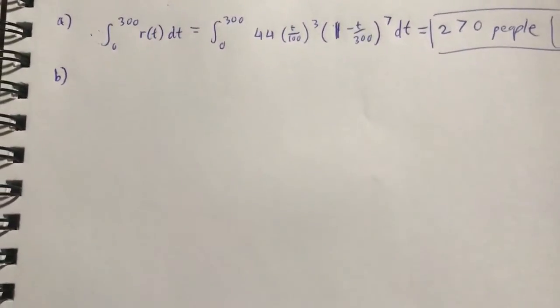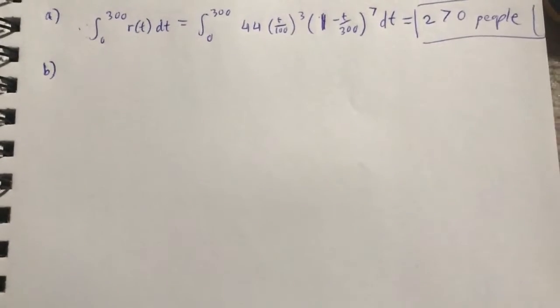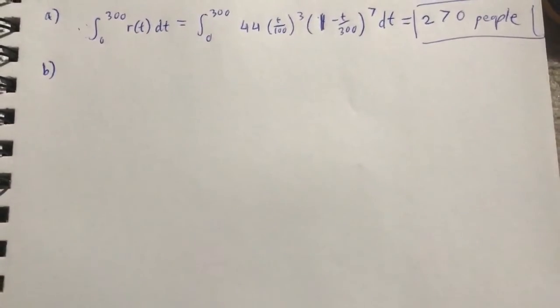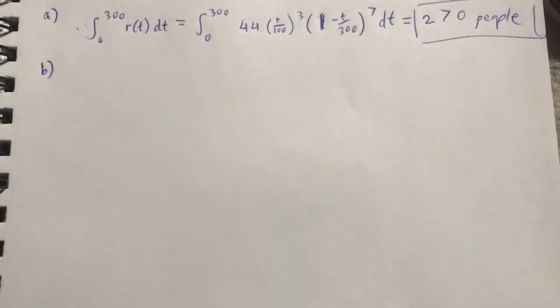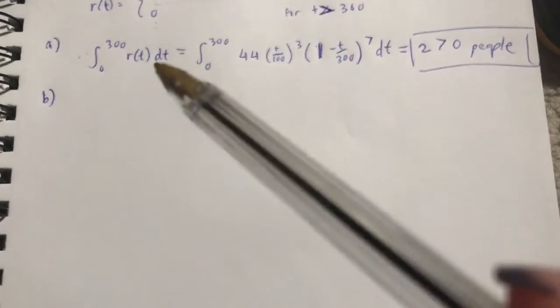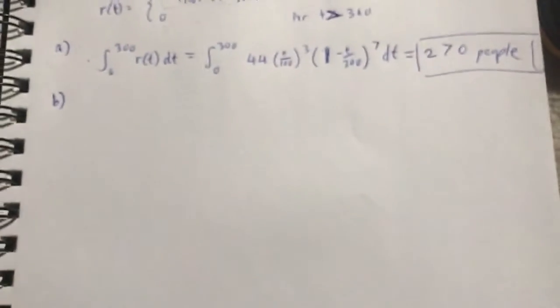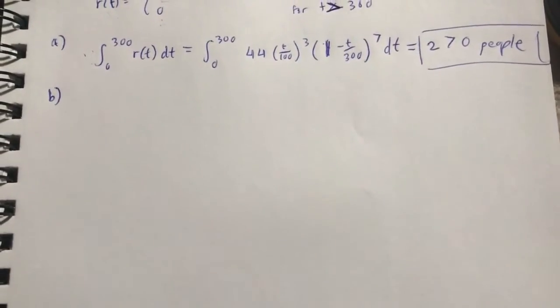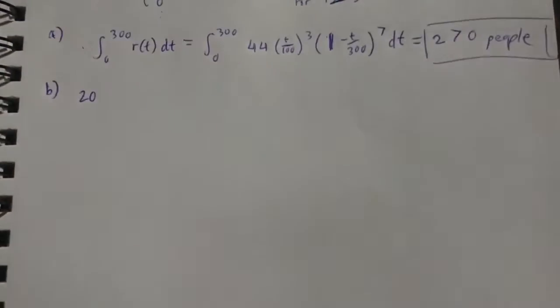Okay, so this next question asks, during the time interval 0 to 300, there are always people in line for the escalator. How many people are in line at time t equals 300? To do this, we can start out by first putting the number of people who were initially in line at time t equals 0, which is 20. That's given to us in the problem.